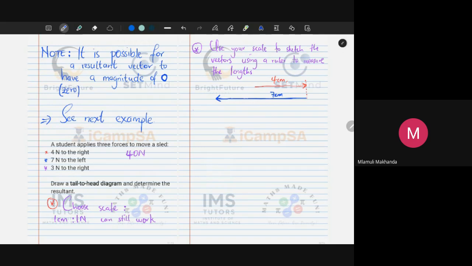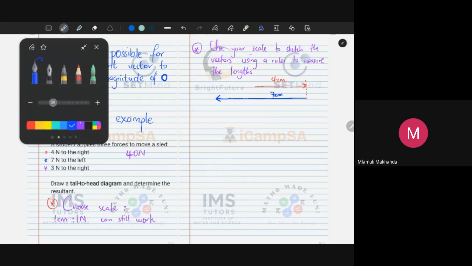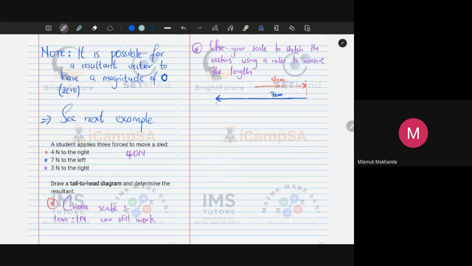So now we have that. Let's draw our other vector. Let's say this is our 3. Right. Now, from the tail of the first vector, which is this guy, to the head of the last vector, which is that guy, you draw your resultant vector.